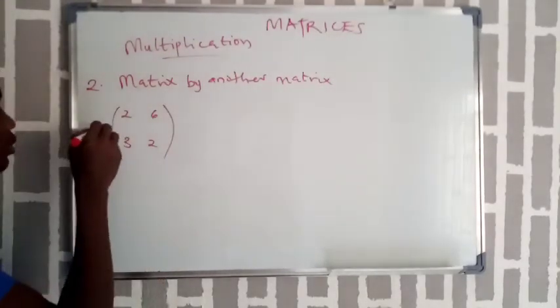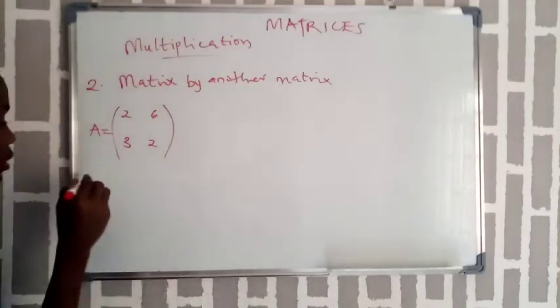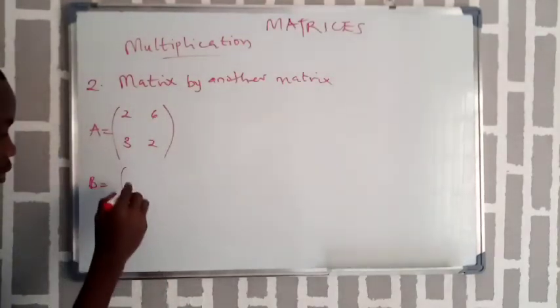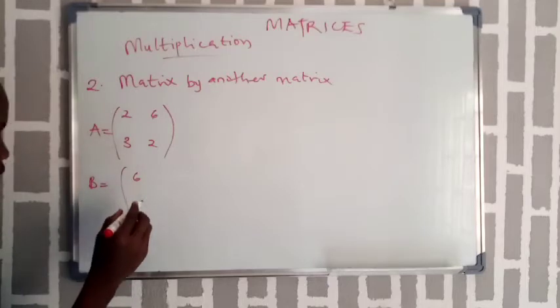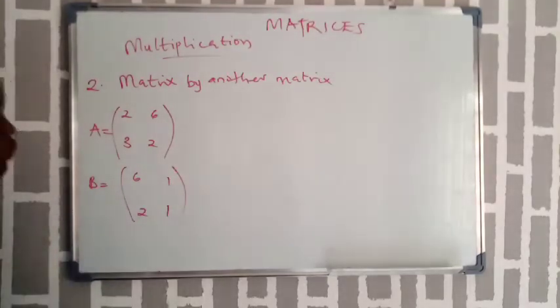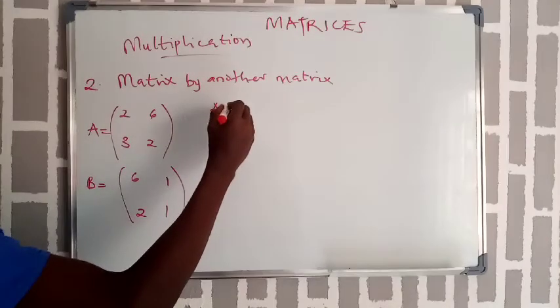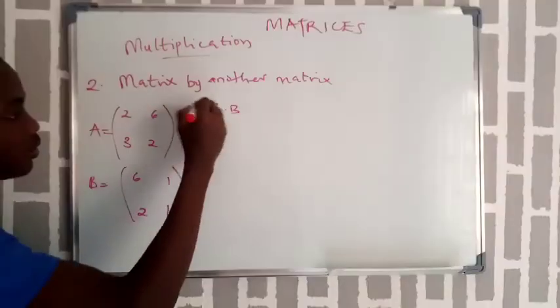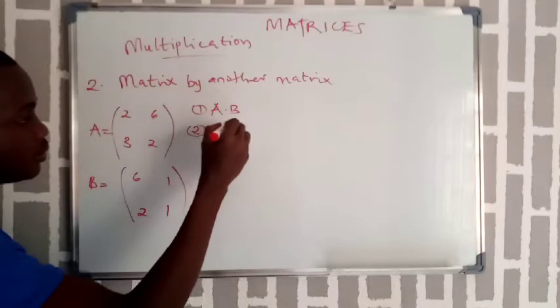This is matrix A. Multiply matrix A with this. I asked to find A dot B and B dot A.